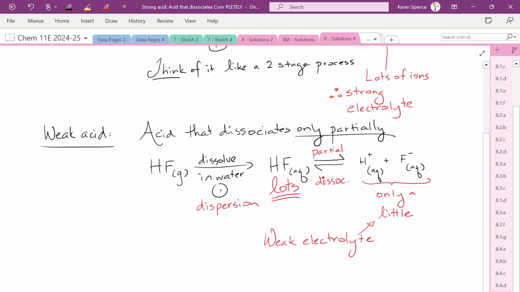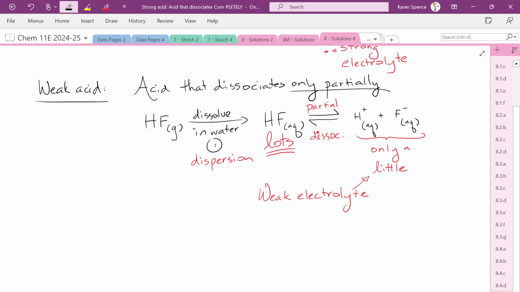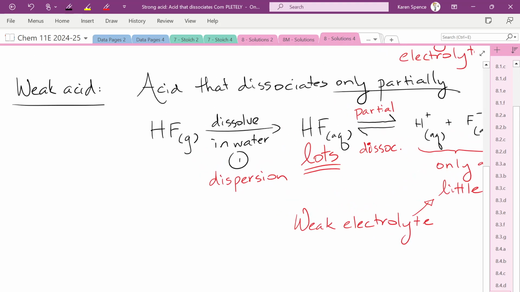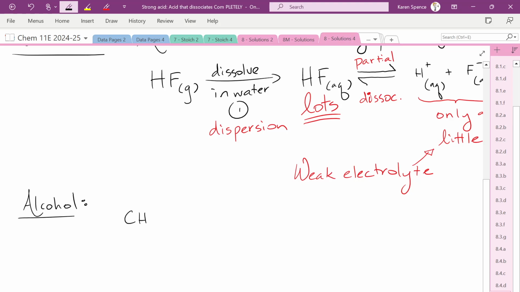And then finally, we might have something like an alcohol. Let's say we had CH3OH, and it's a liquid. And then we dissolve it in water. What happens? Does an alcohol dissociate?